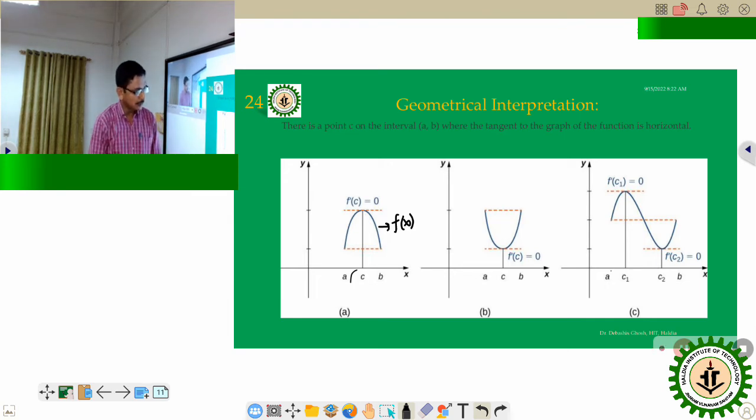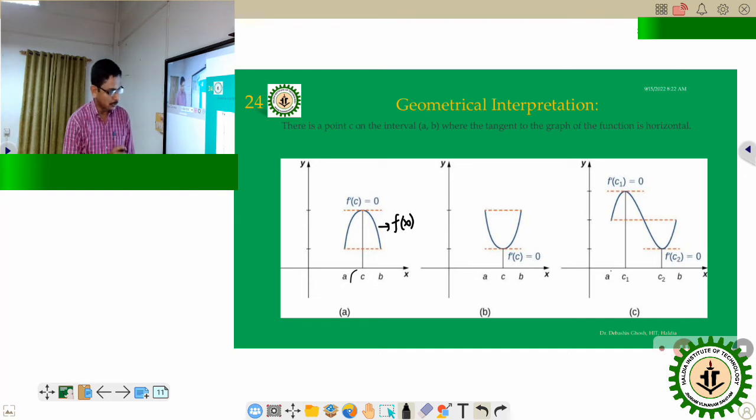We can claim also that at each point of this function we can find the derivative because we can draw the tangent at each point. The tangents at each point exist, and therefore the derivative at each point of this function exists. And the terminal values are the same by the drawing of this function, that is f a equals f b. So these two lengths are the same.